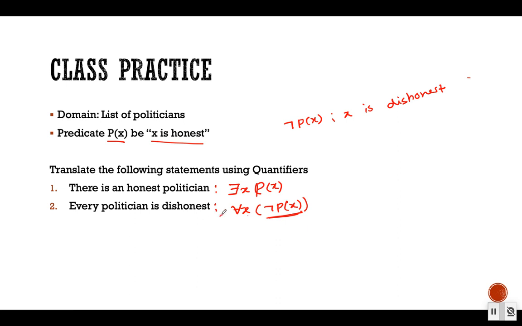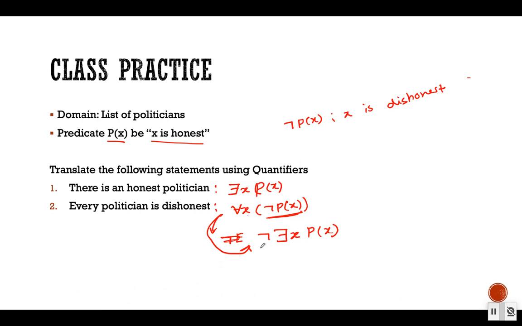So we know that these two statements are logically equivalent. I can also write it like that, and it means that there doesn't exist one politician who is honest.